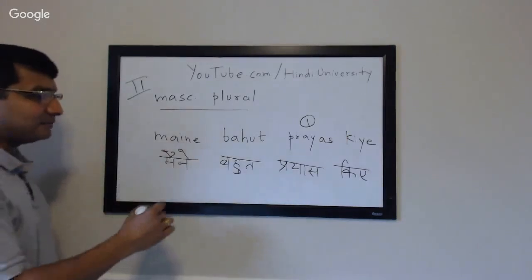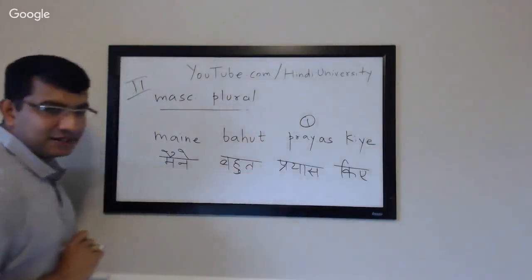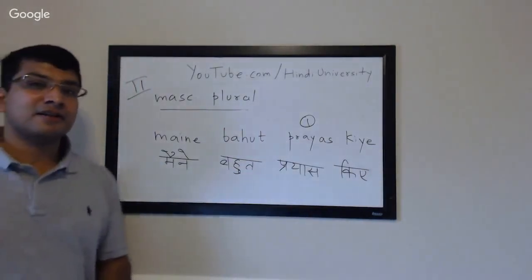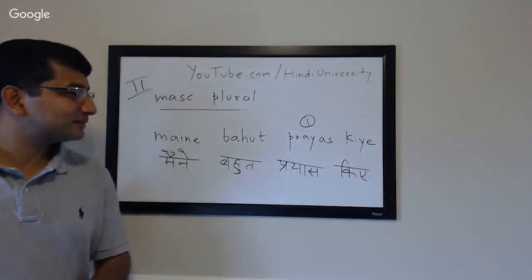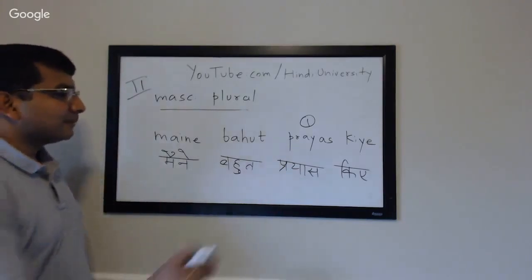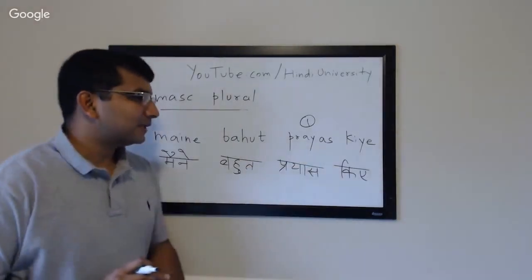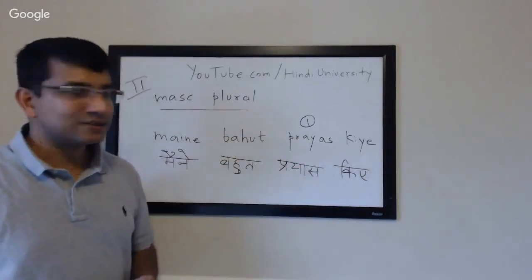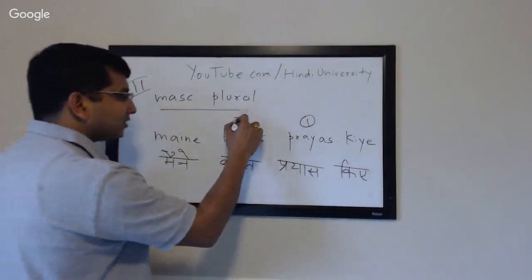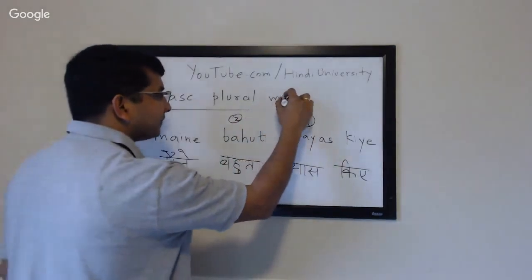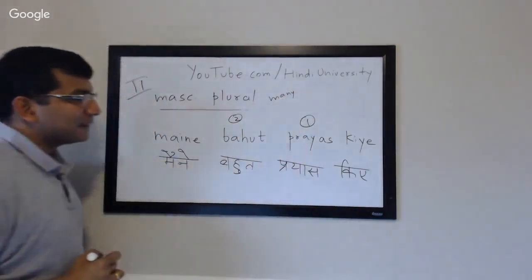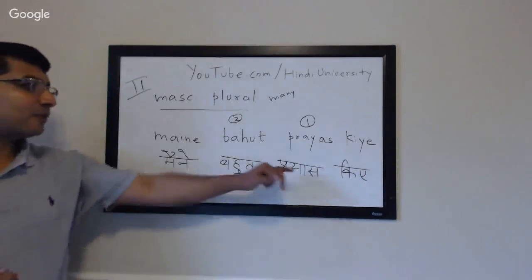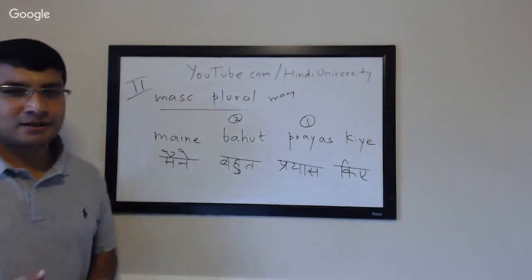You probably figured out मैंने and kiye: the sentence says something in the past tense. And prayas is probably masculine plural because they're using kiye. And bahut, some of you probably know that it's many.